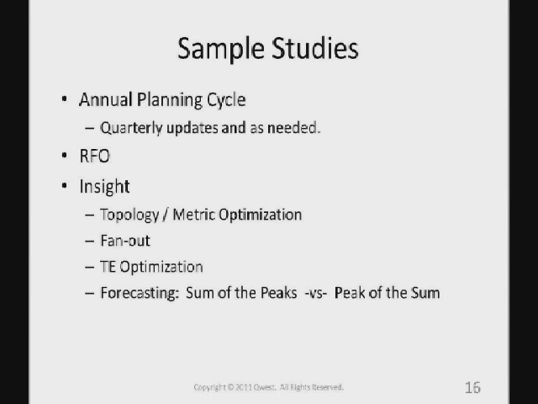We have an annual planning cycle that comes up with a list of circuits that we need to add, and we update that quarterly, sometimes more often if we think we need to. The second bullet: occasionally, because of the tools that we have, we get involved with our peers in operations and look at some reason for outage type studies. And the third group is really what I find very interesting, and I'm going to drill into these a little bit further.